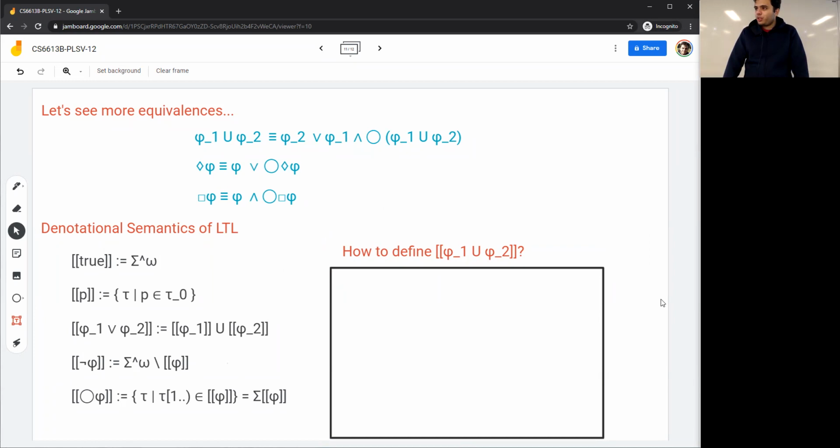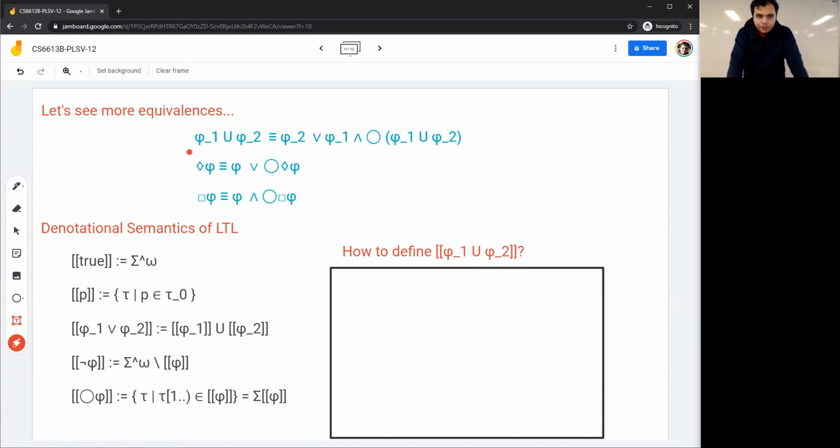If you remember, what we did for while itself was that we came up with some function such that the semantics of while was a fixed point of that function, right? And then we said, okay, so we define it as the fixed point. So let's do something very similar here. And this is why I kept this equivalence up there.